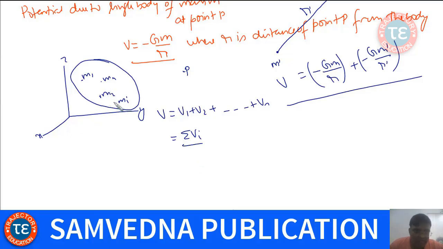This is the ith particle, so Vi can be found very easily.